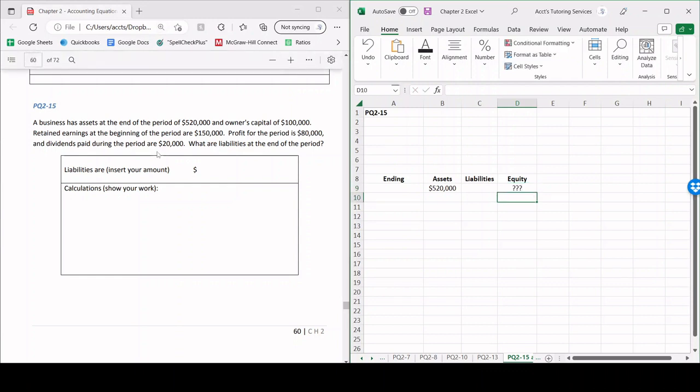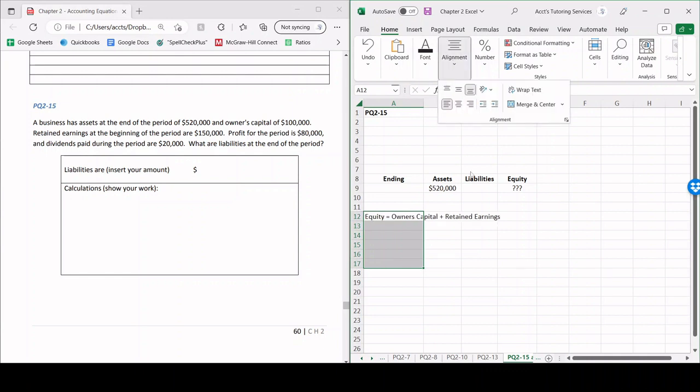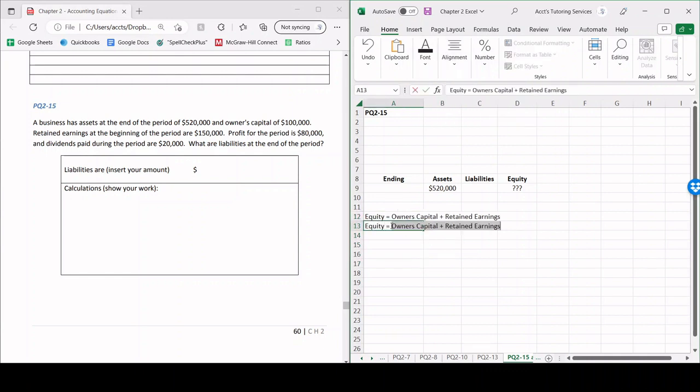Because remember, equity equals owner's capital plus retained earnings. So equity equals owner's capital, which is 100,000, plus question mark. So now we have to figure out retained earnings. Retained earnings equals beginning balance plus profit minus any dividends.